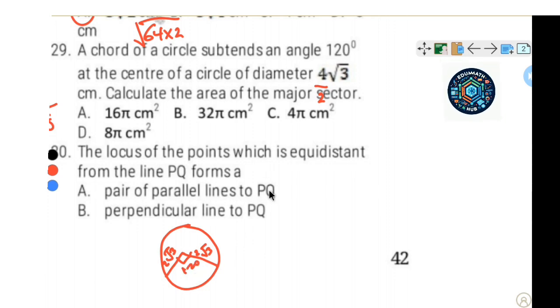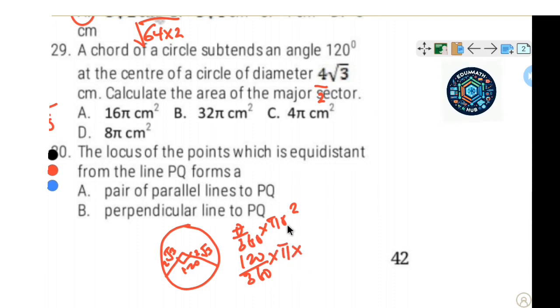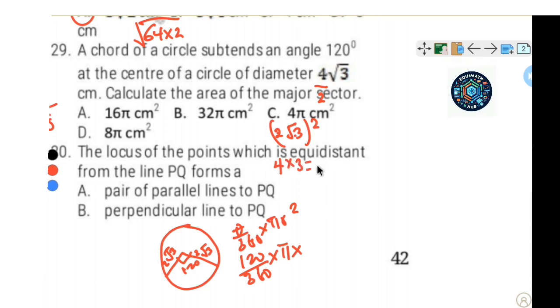So you use the area of a sector. Area of a sector is theta over 360 times pi r squared. So theta in this question is 120. You are dividing by 360 times pi times r squared. Now r is 2 root 3. So if you square it, 2 times 2 is 4, root 3 times root 3 is 3. So 4 times 3 is 12.